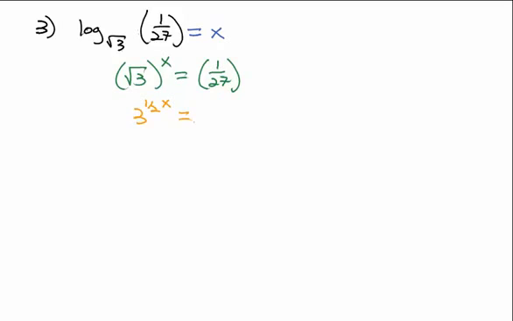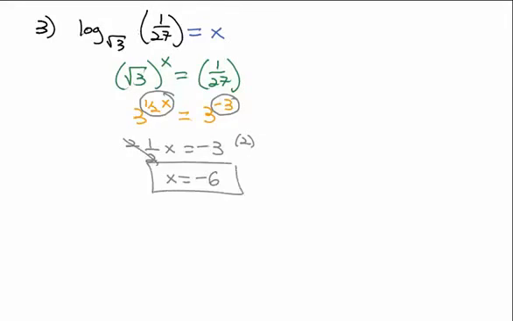So we have 3 to the 1/2 x, and 27 is 3 to the 3rd. We make it a fraction by making it a negative third. Then we can take our exponents and make them equal to each other. 1/2 x equals negative 3. And solve by multiplying both sides by 2, and x equals negative 6. So log base square root of 3 of 1/27 is equal to negative 6.